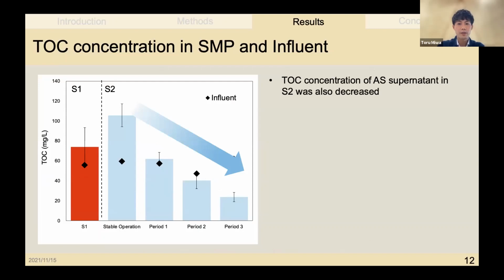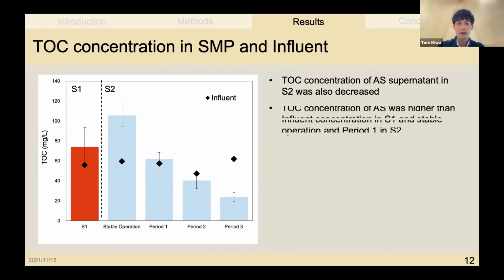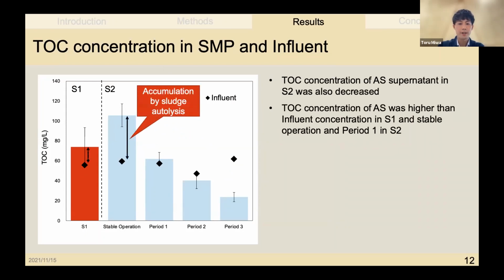This graph shows the TOC concentration in the SMP and the influent TOC concentration. TOC concentration of the supernatant in S2 also decreased. TOC concentration of AS was higher than influent concentration in S1 and in stable operation and period 1 in S2. This might be due to accumulation by sludge autolysis.